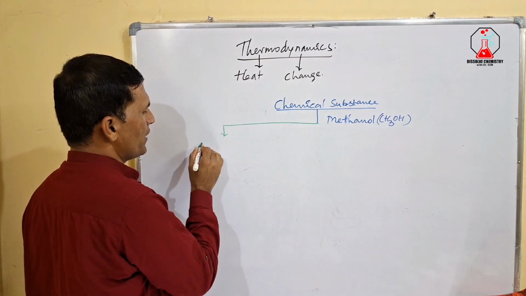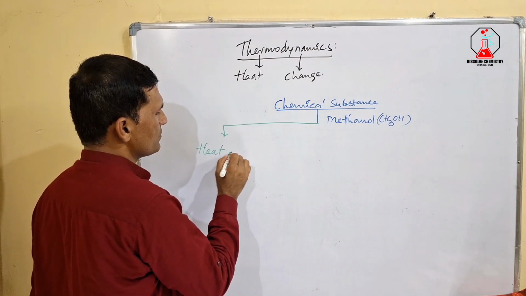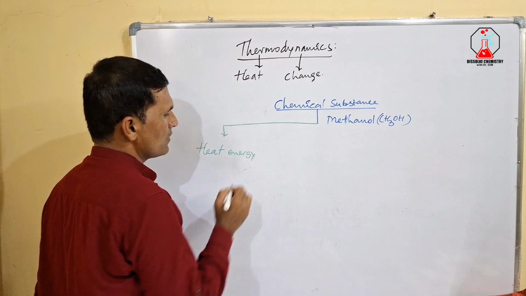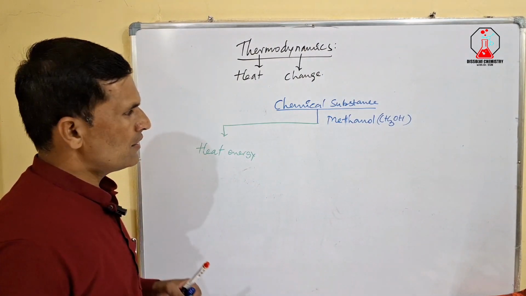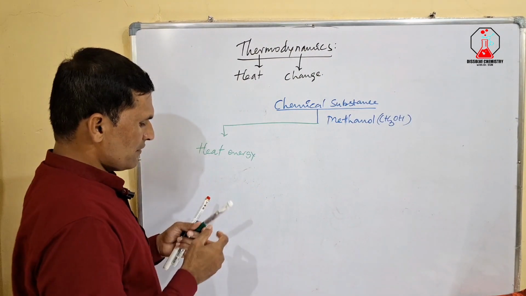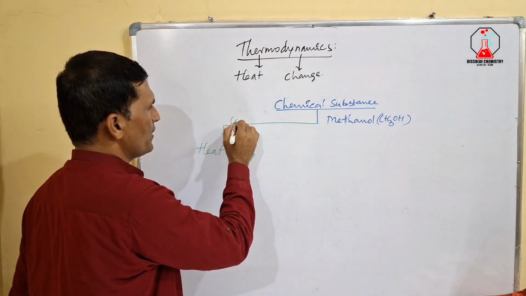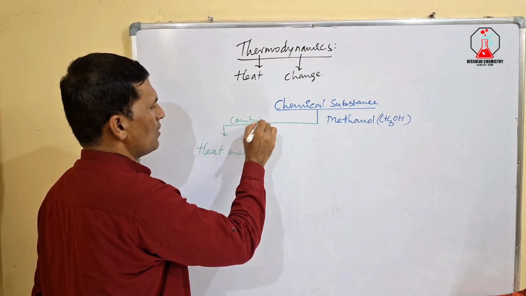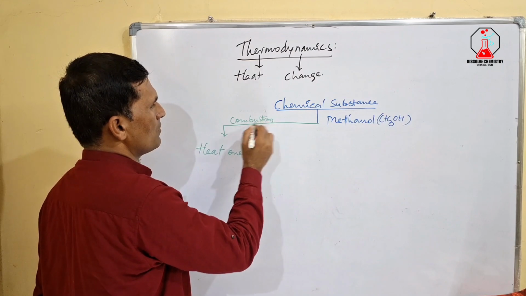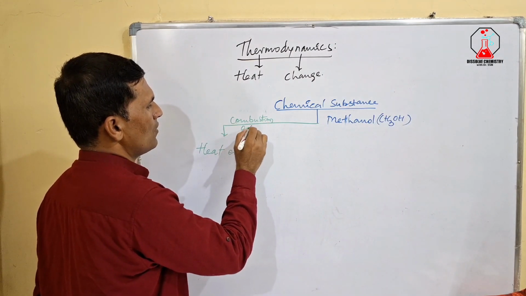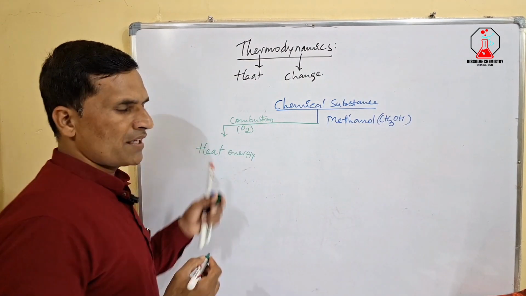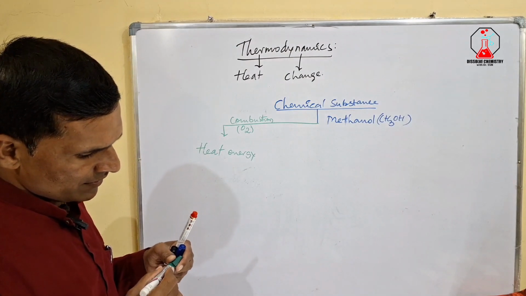If you just burn this methanol, you can draw heat energy. Simply if we burn, then we can draw energy, and that we call combustion. Upon burning in the presence of oxygen, we can draw heat energy.